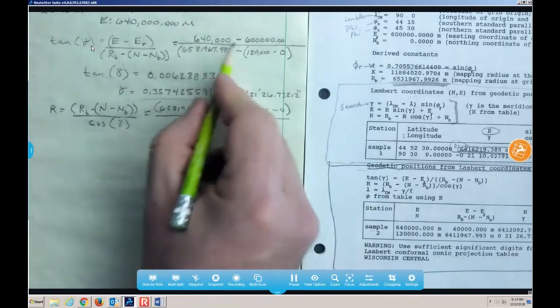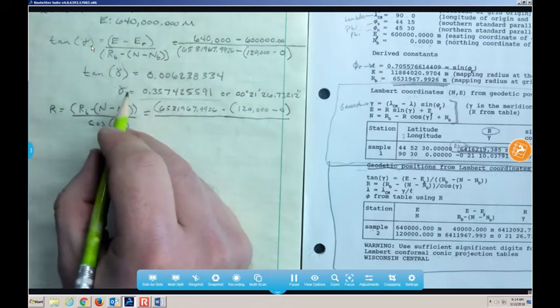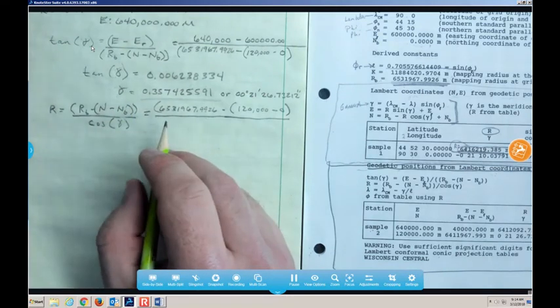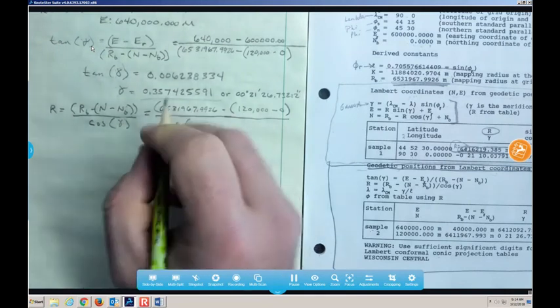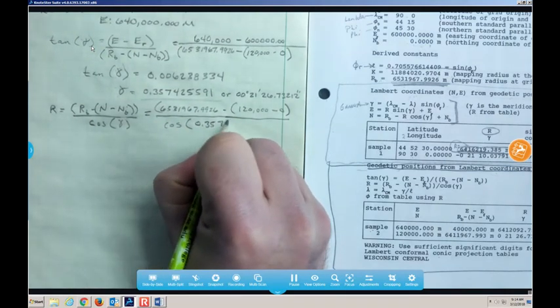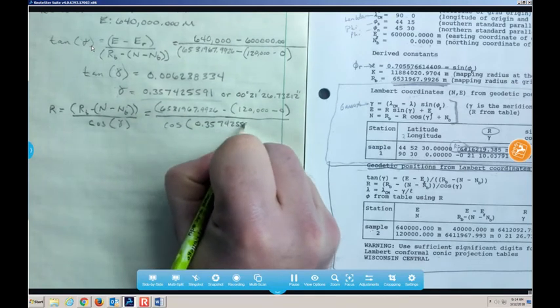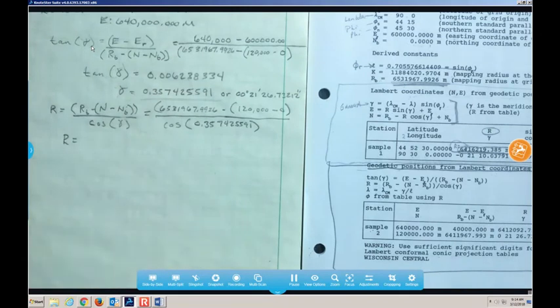We already figured that out up here. Then the bottom is the cosine of our gamma, so it's cosine of 0.357425591. So R equals what? 6,412,092.75807.